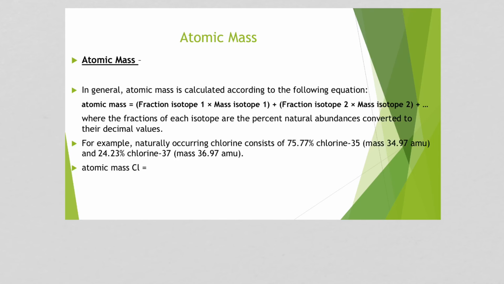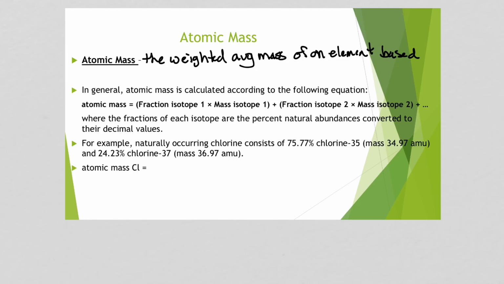So the atomic mass is the weighted average mass of an element based on the natural abundance of its isotopes.